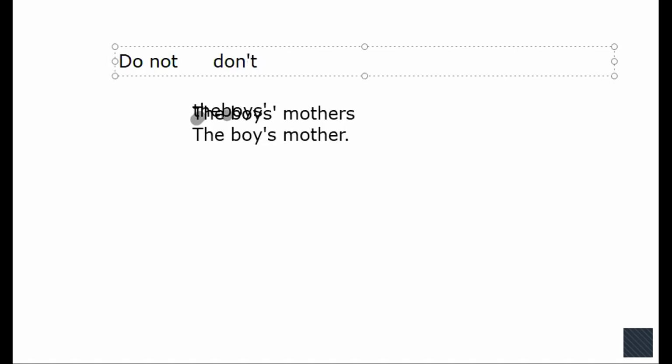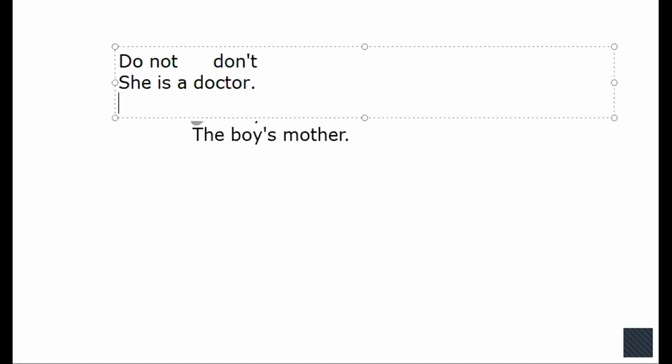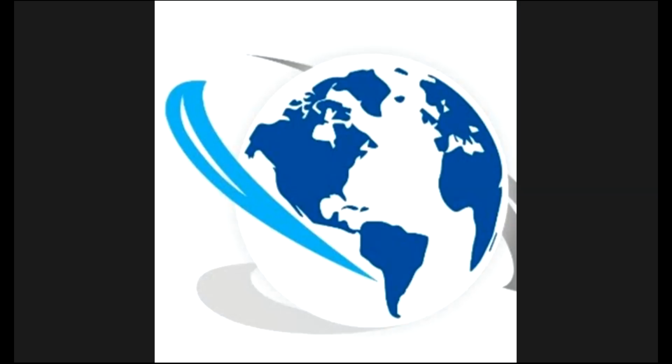Another example, she is a doctor. When we contract, we can say she's a doctor. We often use them in spoken English. So she's a doctor, that's contraction. In formal writing, we rarely use contraction. So make sure that you understand that as well.